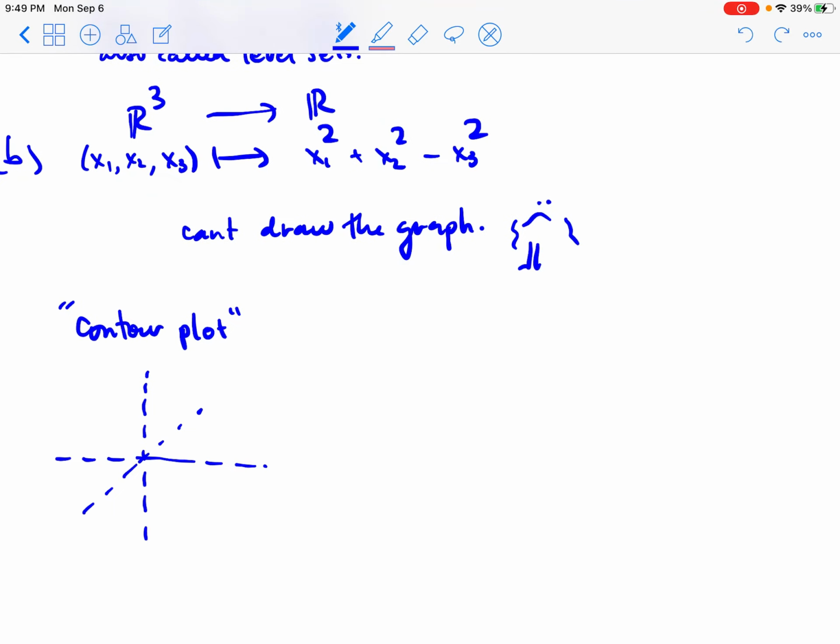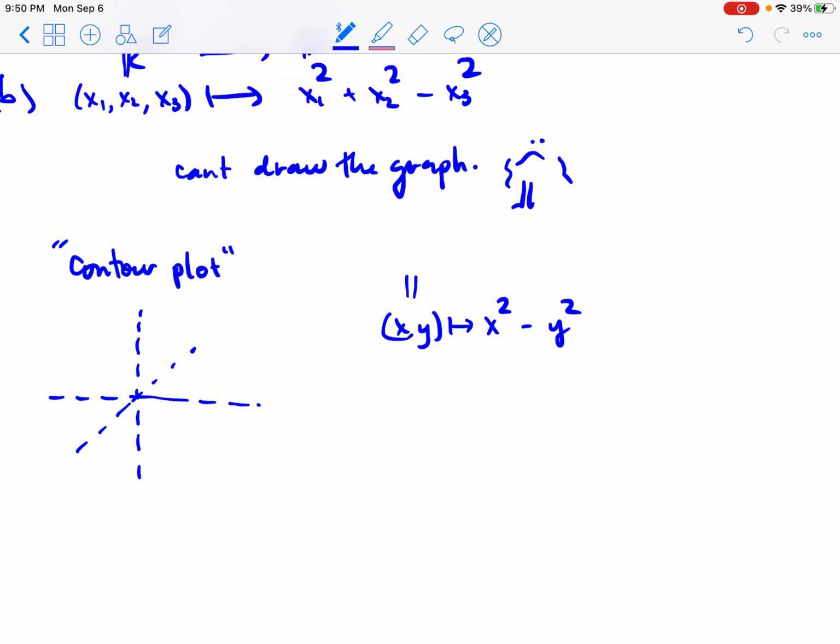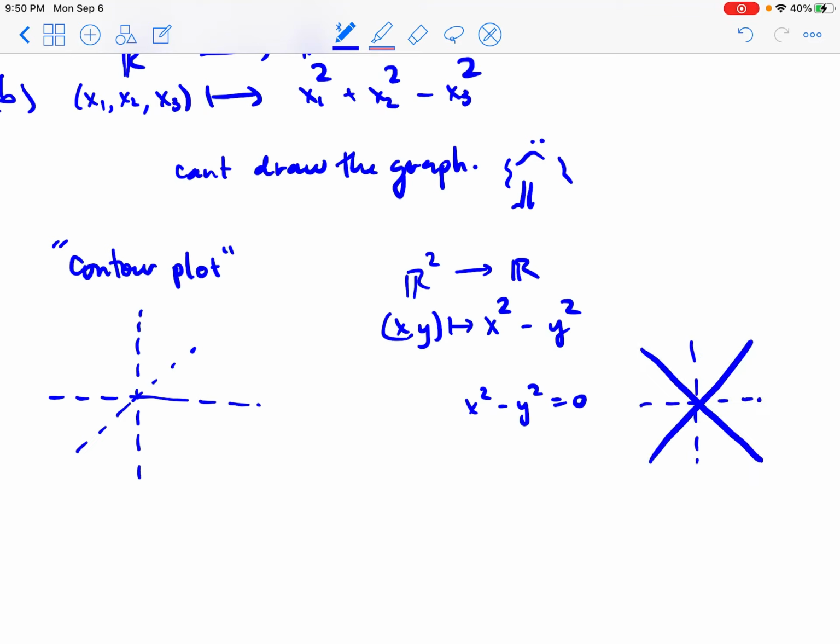And so actually, to help me with this one, I'm going to step down a level and think of the map xy goes to x squared minus y squared. And I just want to draw the contour plot for this first so that I can get an idea of what's going on. X squared minus y squared equals 0 is these two lines that come together at a single point.